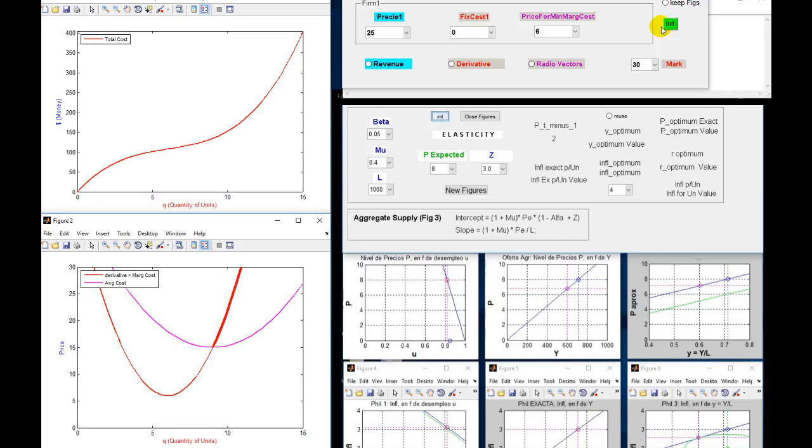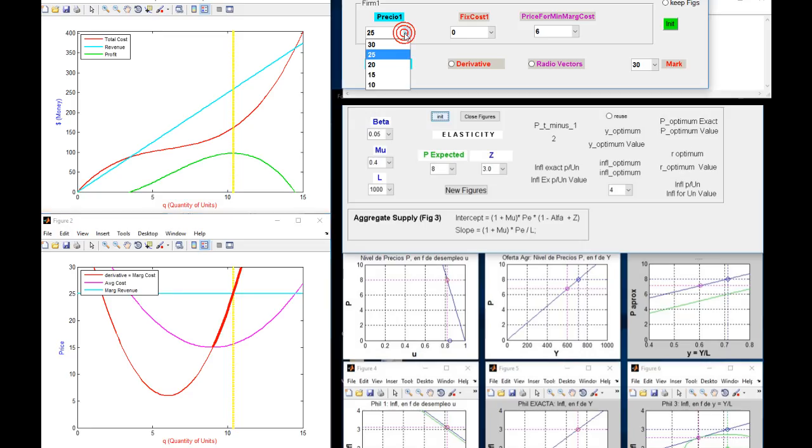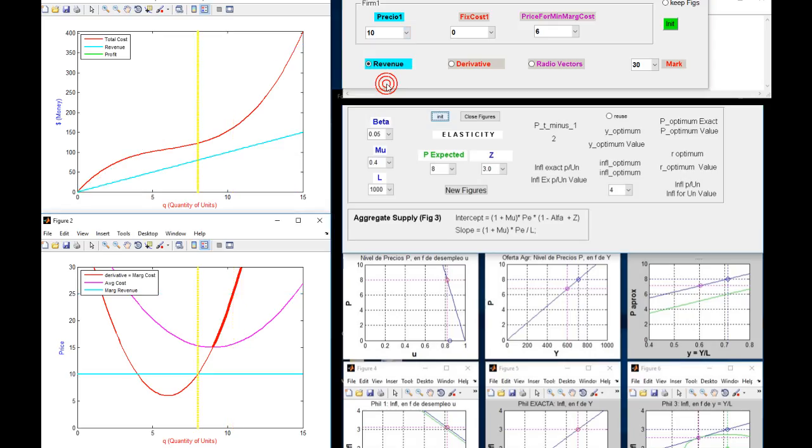So if we take the revenue, then if we take the price 10, then if this is the price in the market, you can see here that the cost is higher than the revenue, and here you can see the intersection between the marginal revenue and the marginal cost goes beyond this average cost.